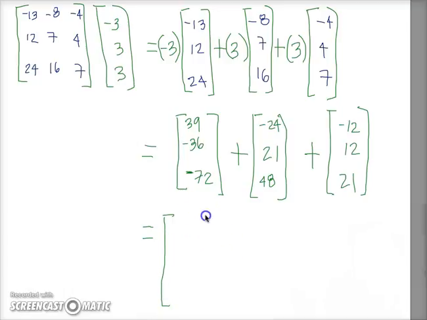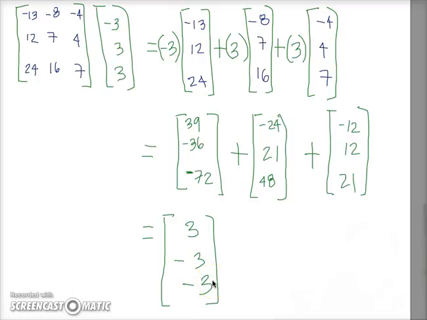these 3 vectors, we end up with 39 minus 24 minus 12, which gives us 3, then minus 36 plus 21 plus 12, which gives us minus 3, and minus 72 plus 48 plus 21, which will also give us minus 3.